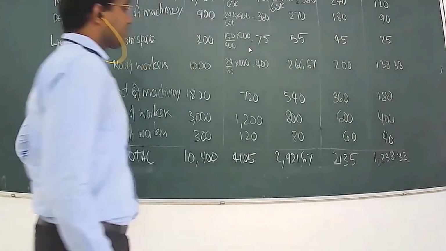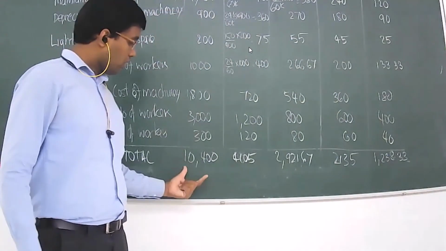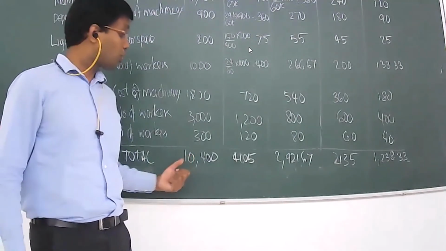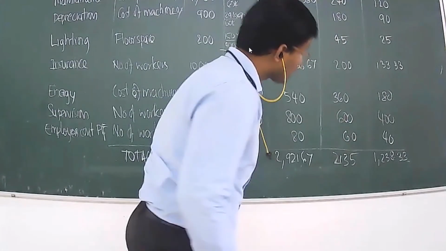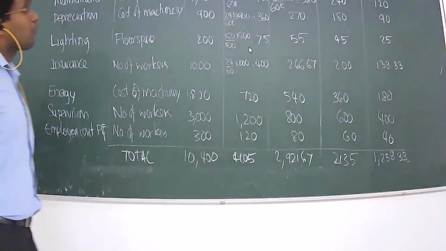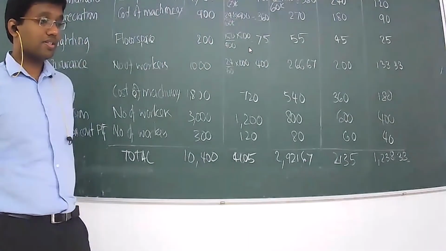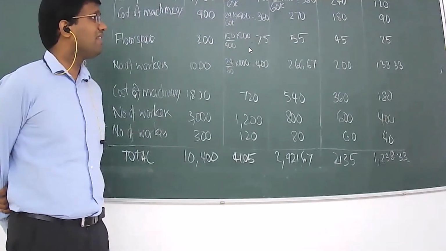So what does this mean? Your total overhead for the year works out to be 10,400, and this is the proportion with which you would end up dividing this overhead across departments A, B, C, and D. This is how you would go about dividing this.